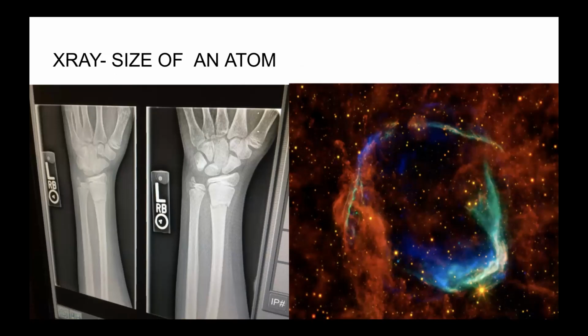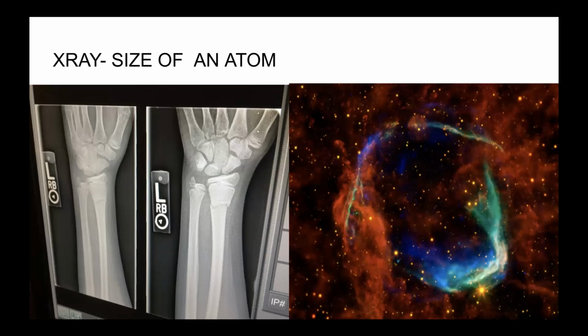And X-rays are very damaging to human flesh, can give us cancer, can cause blindness, a variety of other really terrible things. It can go through soft tissue, but it reveals hard tissue.